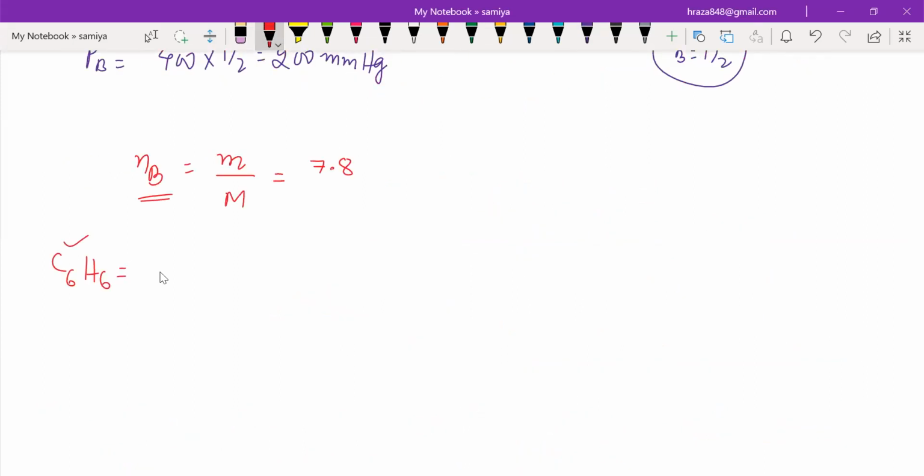Now, one carbon has an atomic mass of 12, and here 6 carbons are there. So 12 into 6, plus 1 hydrogen has an atomic mass of 1 and 6 hydrogens are there, so you multiply by 6. So 72 plus 6, that will be 78. That's why I divided it by 78.